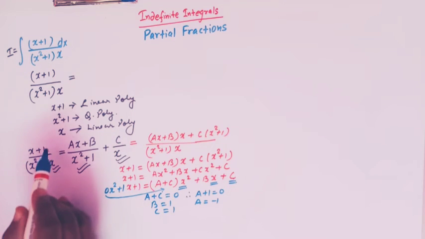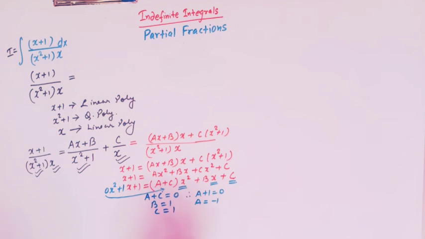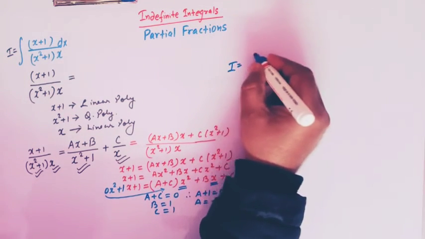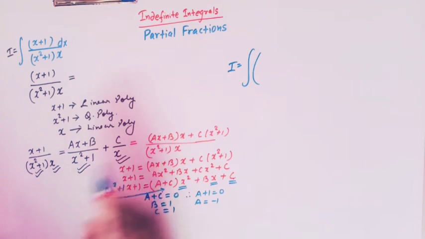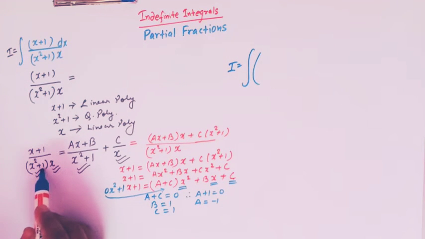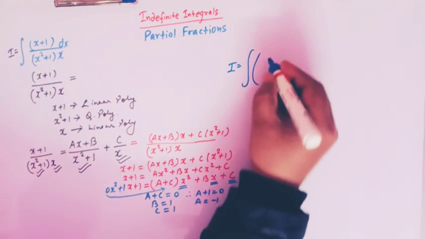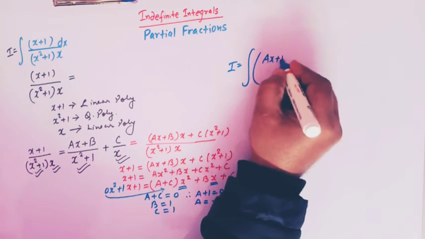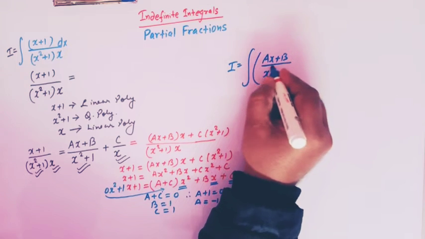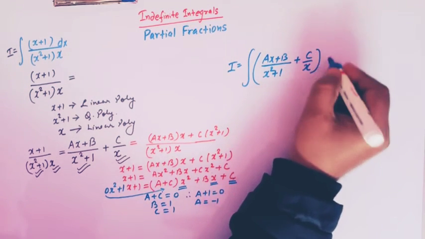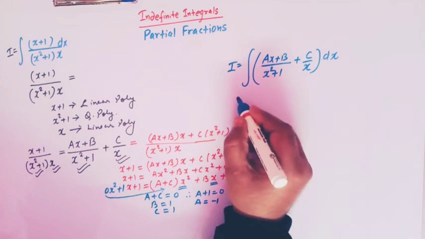Okay viewers, now we have obtained the values of a, b and c. Now this integral I can be written as the integral of (x plus 1) over (x squared plus 1) x, which is (ax plus b) over (x squared plus 1) plus c over x, dx.